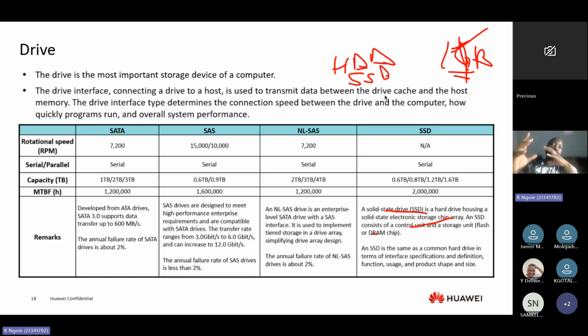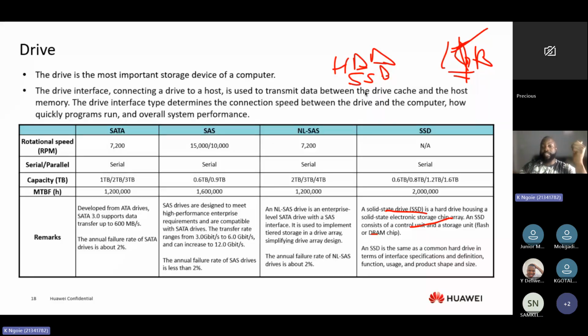In terms of managing how information is sent, it is a bit slower, but it saves more information. The HDD is slower than the SSD.